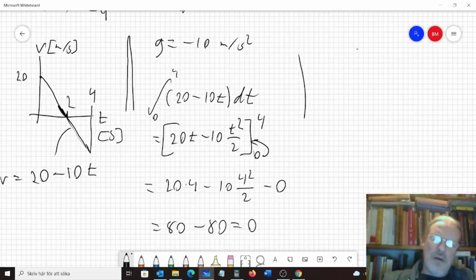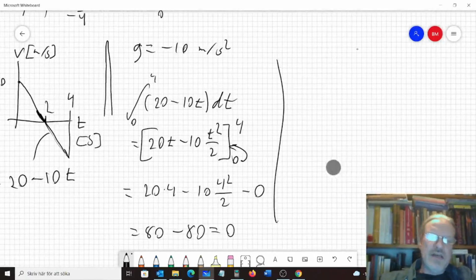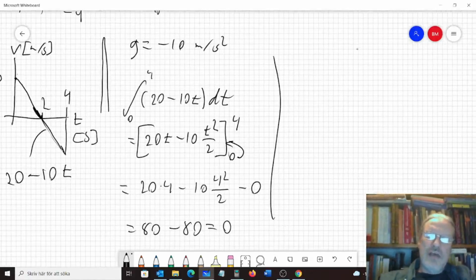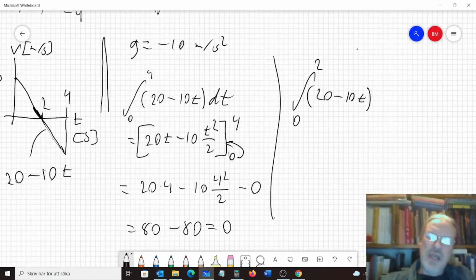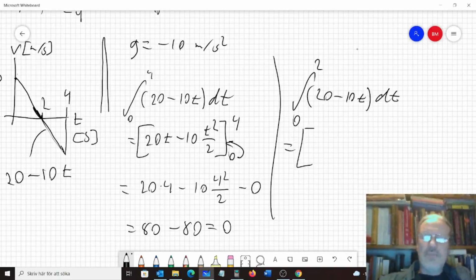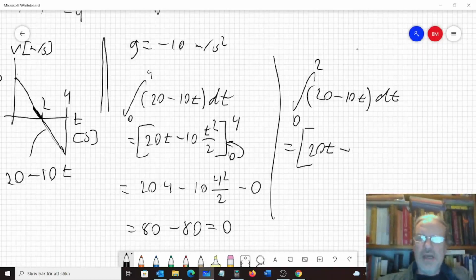But what is the distance then? So let's evaluate the integral from 0 to 2 of 20 minus 10t with respect to t. Yet again, the primitive function or antiderivative of 20 is 20t, minus 10 times t squared over 2, but now from 0 to 2.